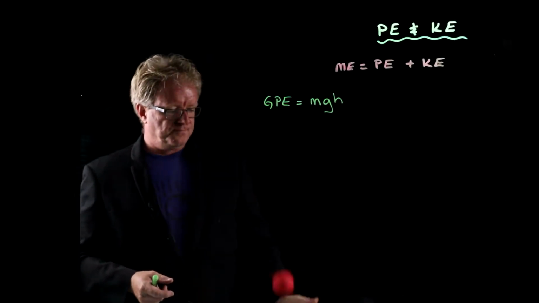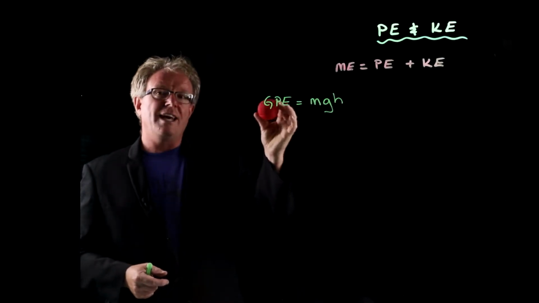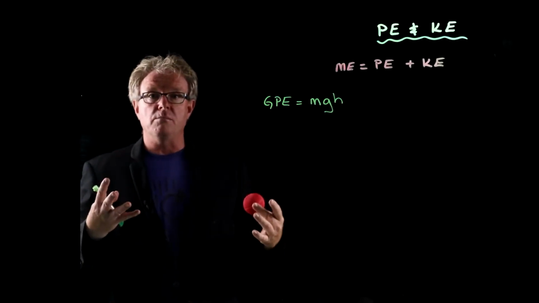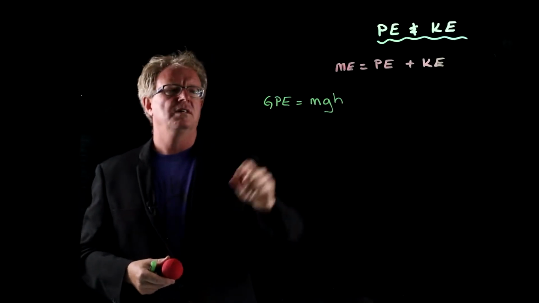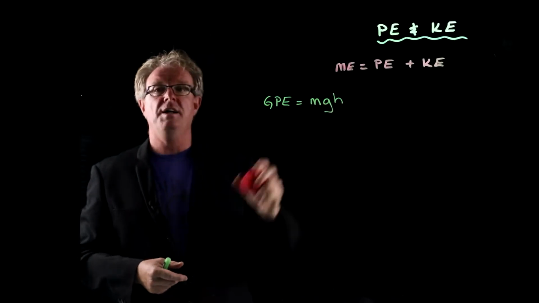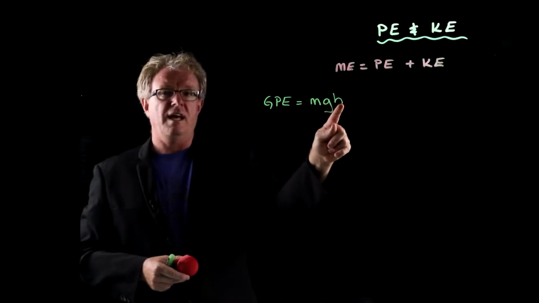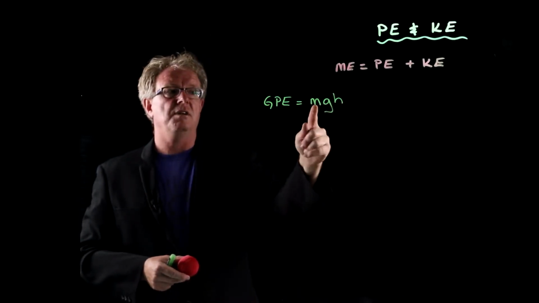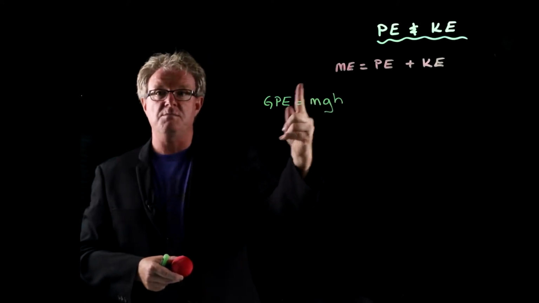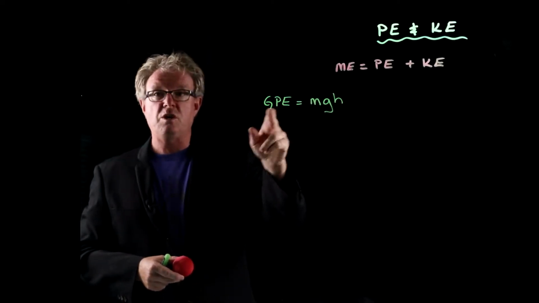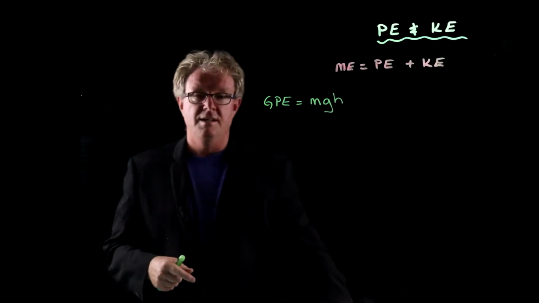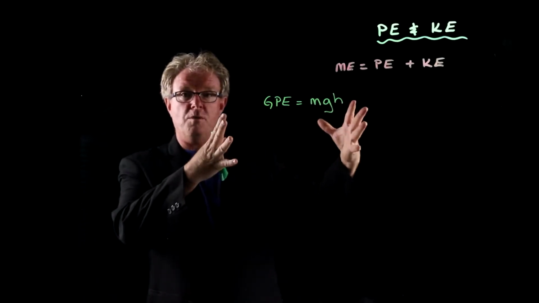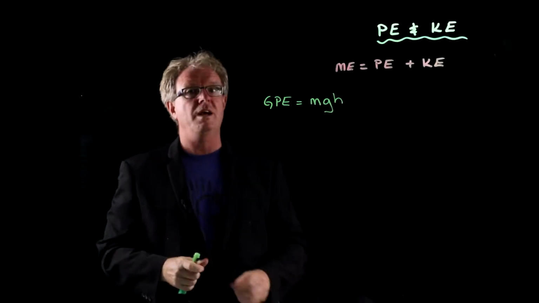But I drop it. If I was to get another ball, let's say a bowling ball with more mass, and I was to drop it from the same height, h, we know that h is the same, g is the same, but now all of a sudden I've increased its mass, therefore I should have increased its gravitational potential energy. And so if I was to drop a bowling ball onto something, it has a lot more energy.